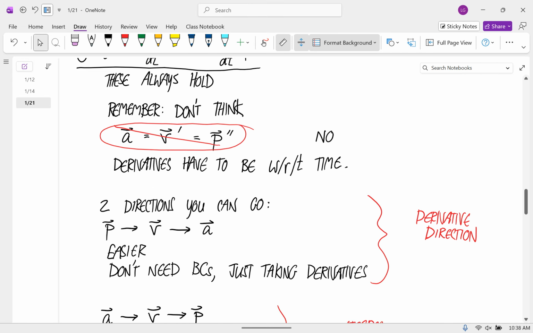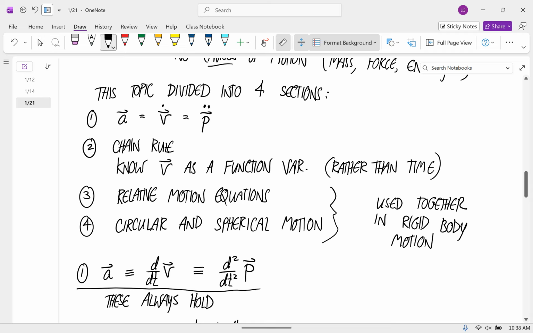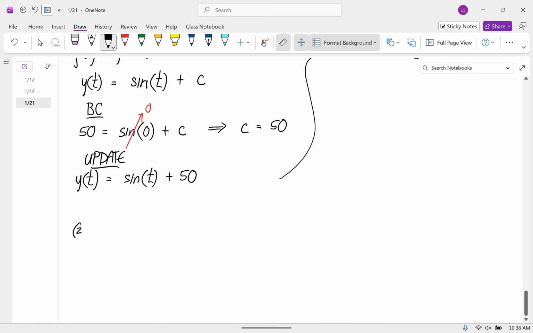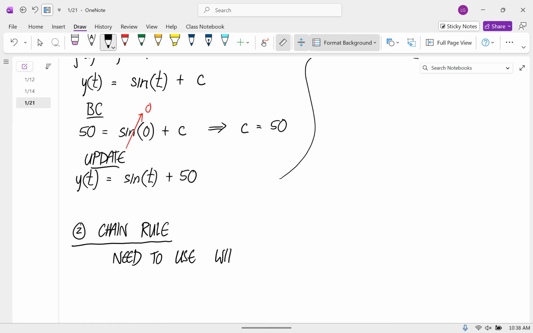Okay, so now that's basically all there is to this time derivative relationship. But now we're going on to the second topic here, which is the chain rule. And this is going to come up pretty often. And you're going to need to use this when you're given the velocity vector as a function of a position variable.